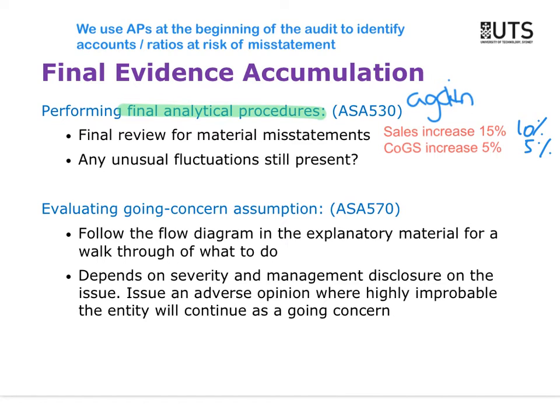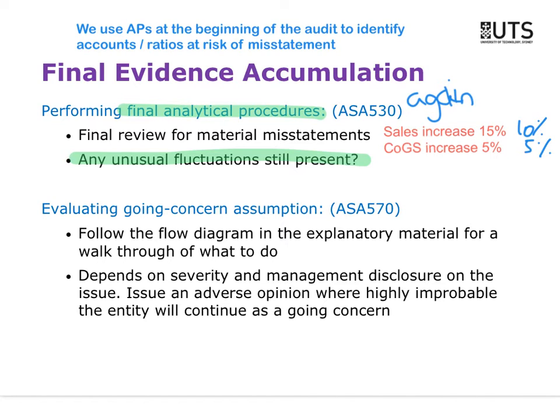At the end of the audit, I do my analytical procedures again to act as my safety net. Right? This is my last chance to determine whether any unusual fluctuations are still present. And if there is something that can't be explained, I say to management, look, did you guys change prices at all? No. Well, did you change manufacturing?